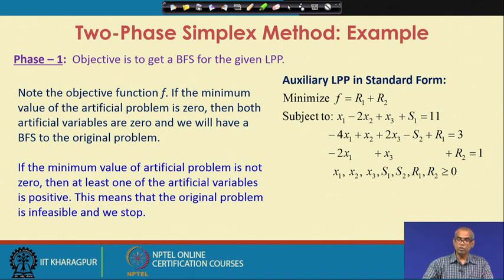If the solution of the auxiliary linear programming problem is such that R1 and R2 are not both 0, then at least one of them is positive and we conclude that the original linear programming problem is infeasible. So, we stop our algorithm at this stage. Phase 2 will not be necessary.